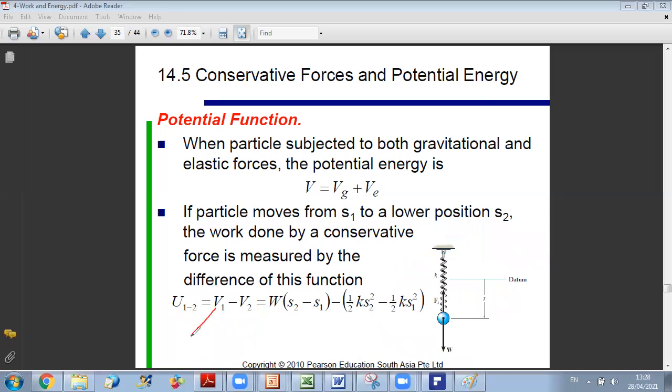We said that V1 will be divided into gravitational potential V1 gravitational plus V1 elastic.